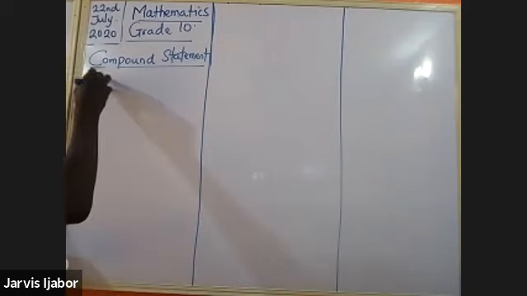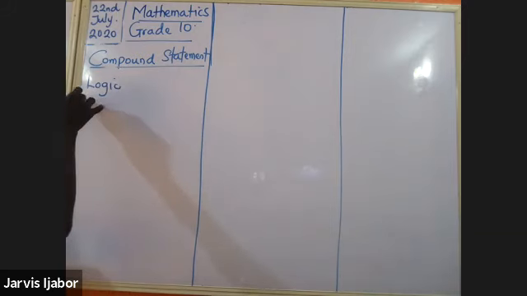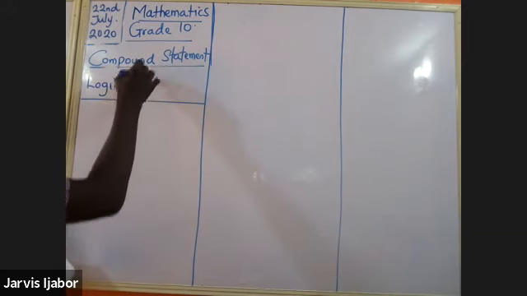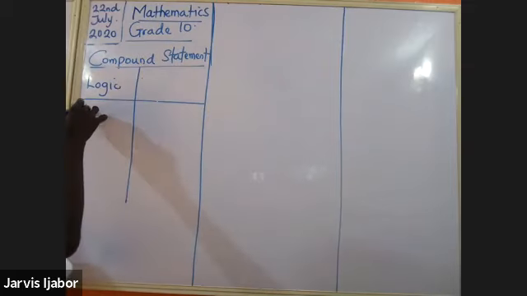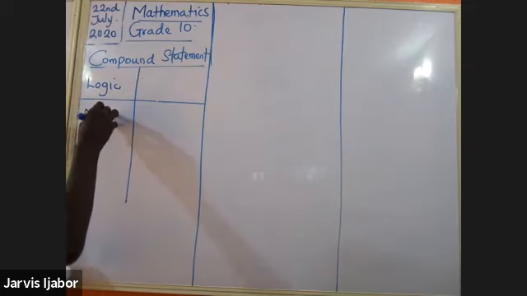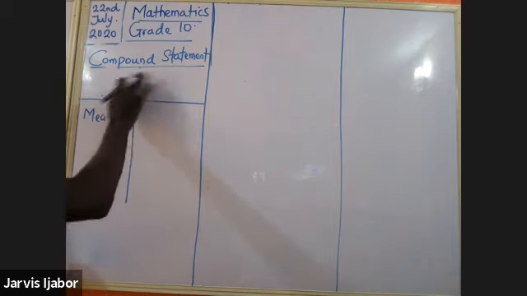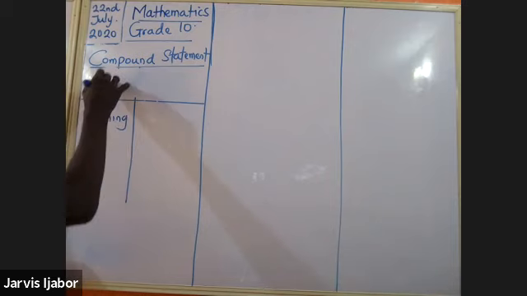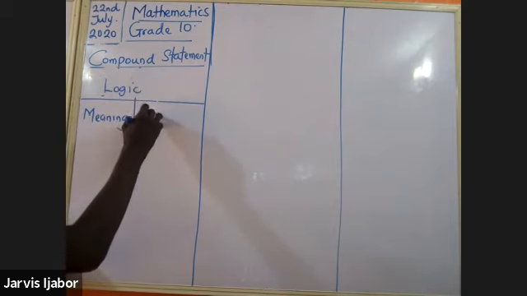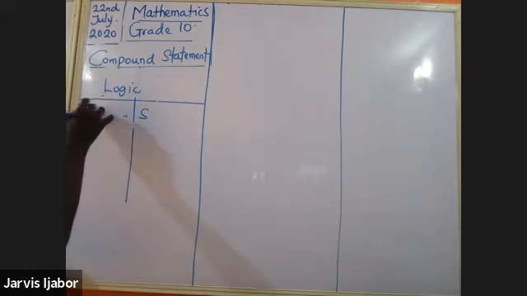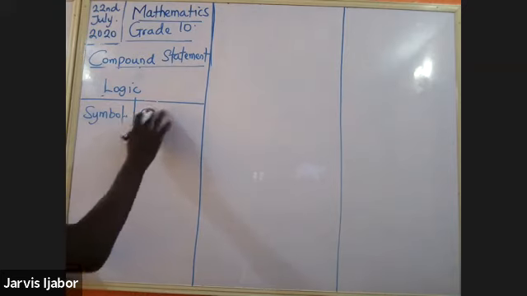The one is called logic. Please, let's watch this. It's supposed to be what I had done before, but let me put it properly so that this is for logic, meaning and symbols, and meaning.